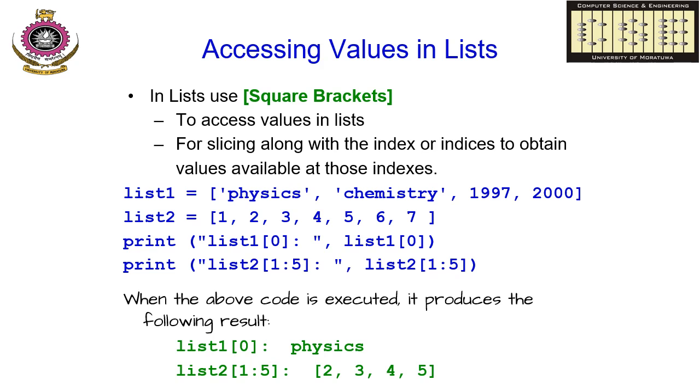So we had 4 items starting from index 1 and going up to index 4. This does not include index 5. So this is how we access individual values or ranges of values inside lists.